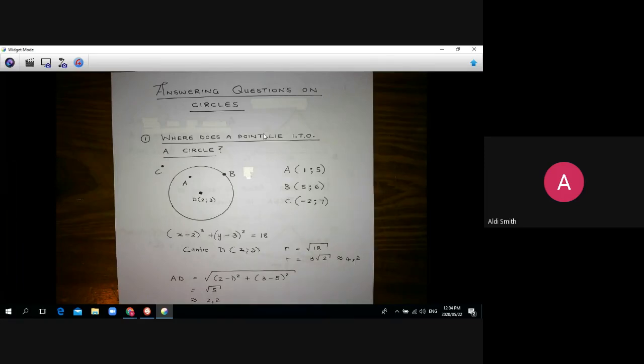And then thirdly, functions. Because functions and graphs, if you think about it, they can ask you what is the x-intercept of a circle, and you have to know, oh, x-intercept, set y equals 0. Or they can ask you what's the y-intercept of a circle, and you go, oh yes, y-intercept, I have to set x equal to 0. And then also you need to be able to find the point where a circle and a straight line intersect.